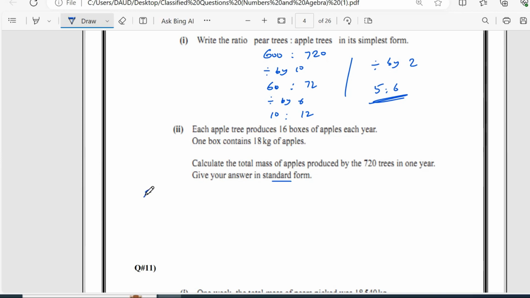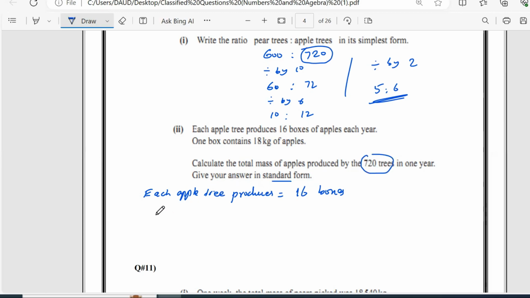So we can say that each apple tree produces 16 boxes. As we know that we have 720 apple trees, they mention 720 here also.